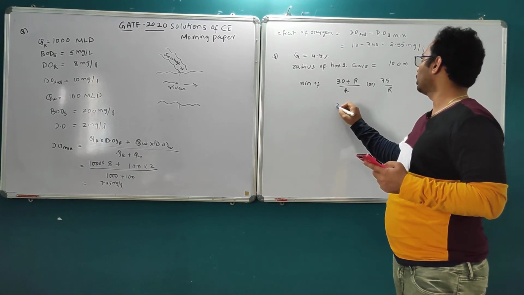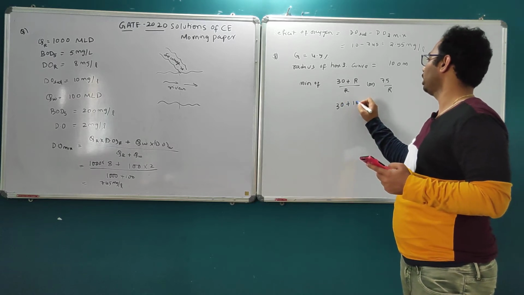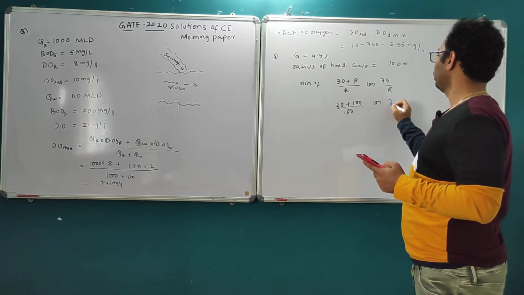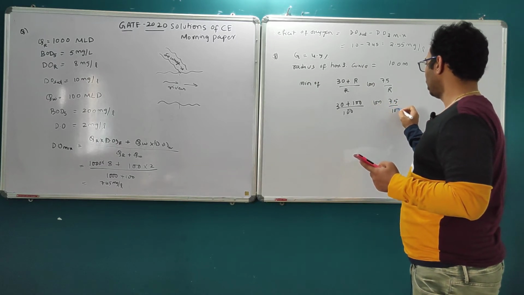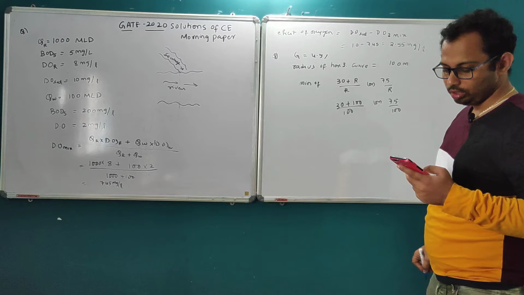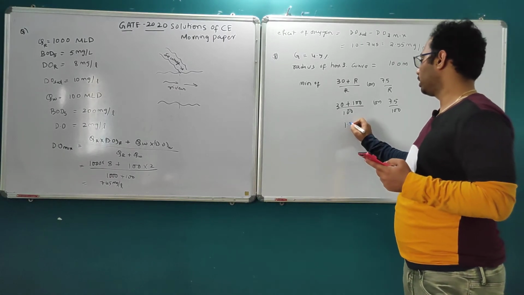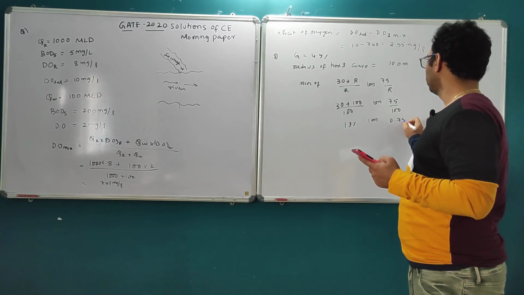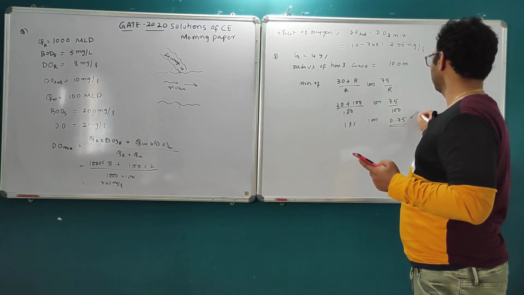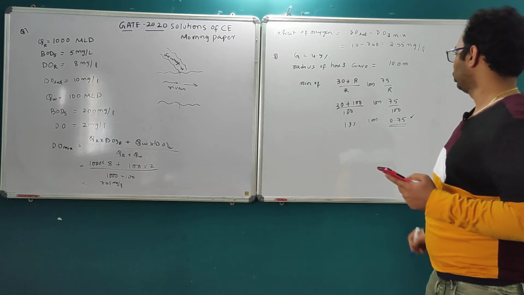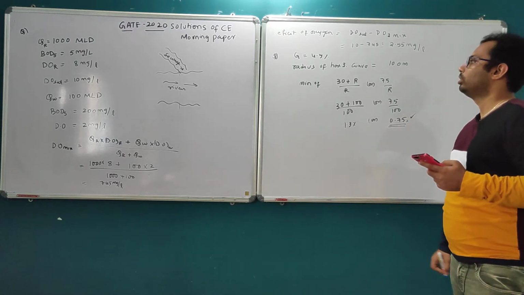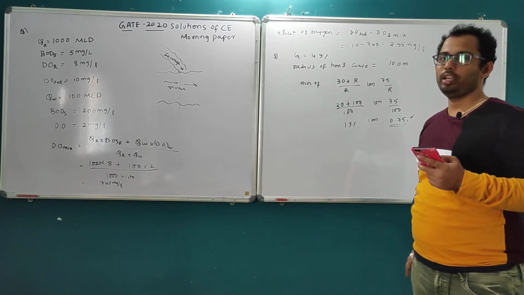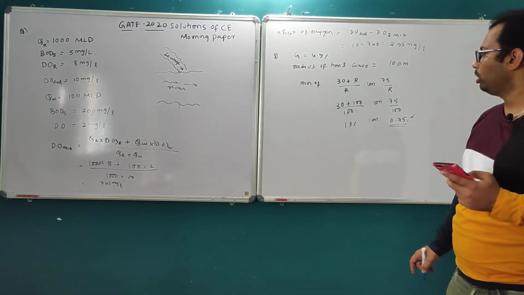So 30 plus R, we know that 100 is the radius of horizontal curve. And what is this value? 75 by R, 100. So it is coming around 1.3% and 0.75. So whichever is minimum, we will opt this because this is minimum. So 0.75 percentage. So you will provide a gradient compensation of 0.75.